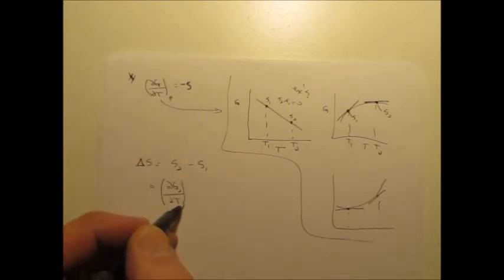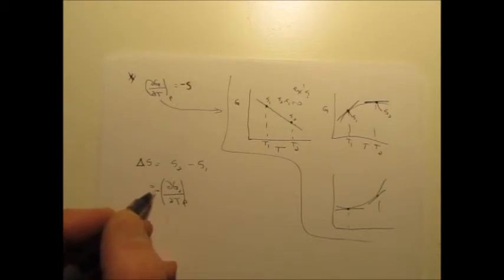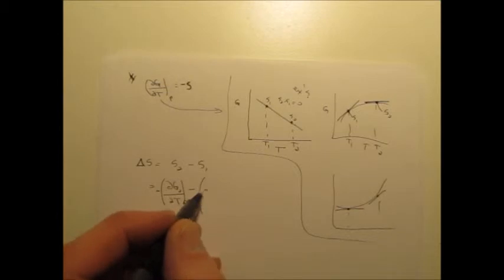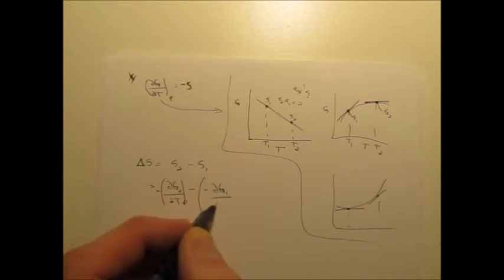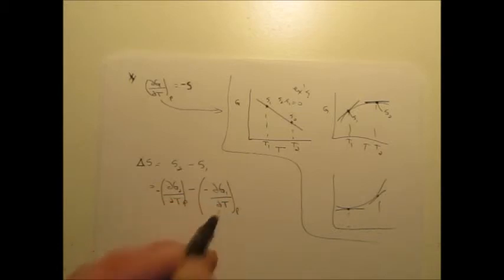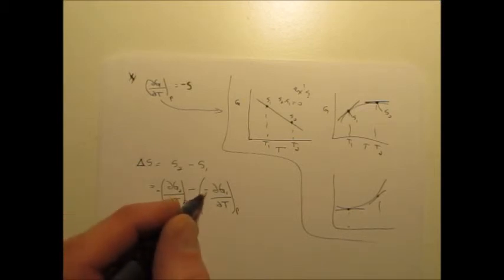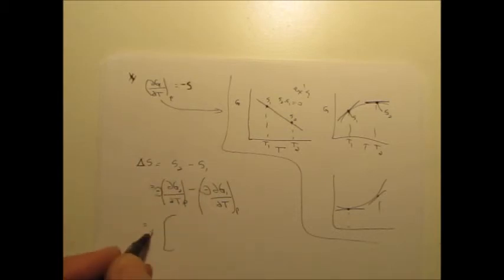So it's like you're saying the negative of that one minus the negative of that one, G2. I'm going to factor out this negative. See that negative? I'm going to factor it out.